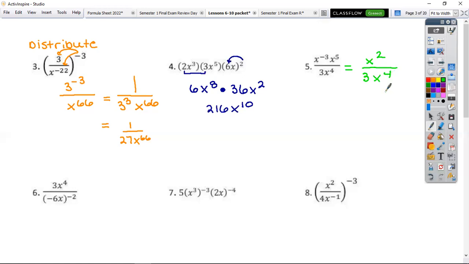Now I'm going to continue and I'm going to subtract my exponents. So I have here 2 minus 4. So I have x to the -2nd over 3. This section said no negative exponents. You're going to take it and flip it this time. So I am left with 1 divided by 3x squared.